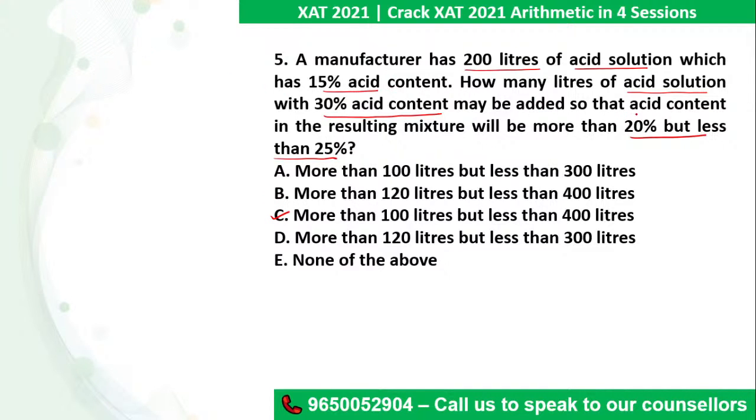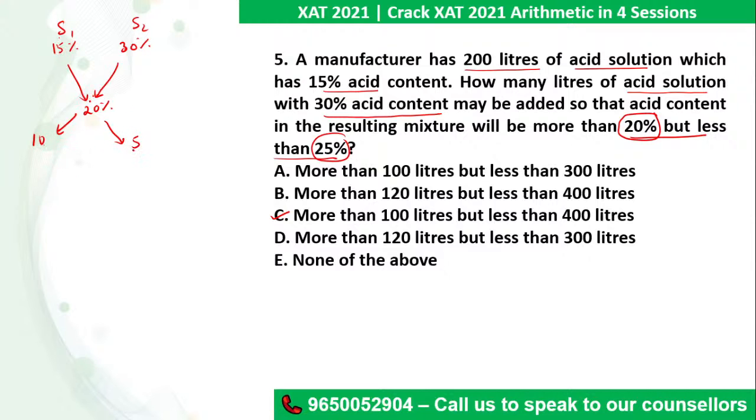See, I am considering the two extreme cases. One is 20% and the other is 25%. So there are two mixtures, two solutions, S1 and S2. In the first one, there is 15% acid. In the second, there is 30% acid. If I want a resultant of 20%, can we say this difference, which is 10, should be the volume of this, and this difference, which is 5, should be the volume of this.